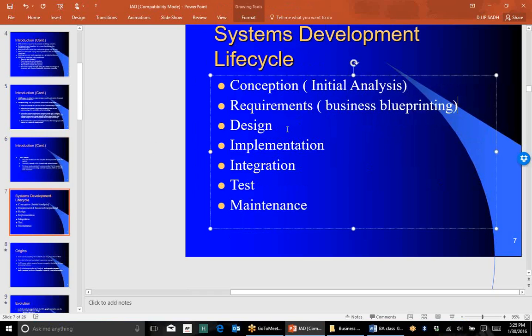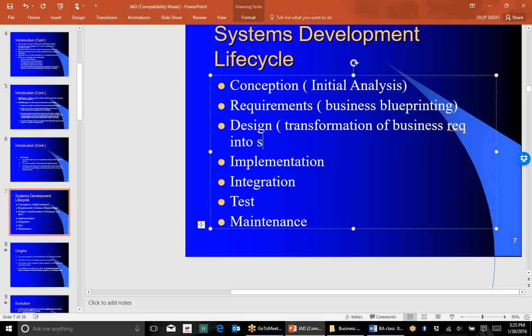We have a design, which is transformation of business requirements into solution.